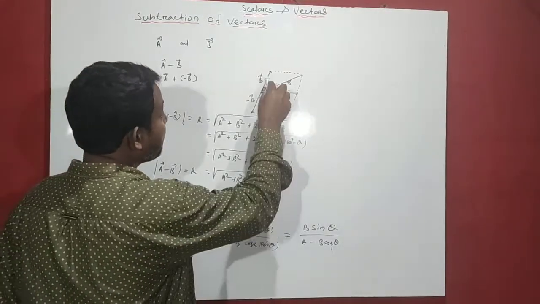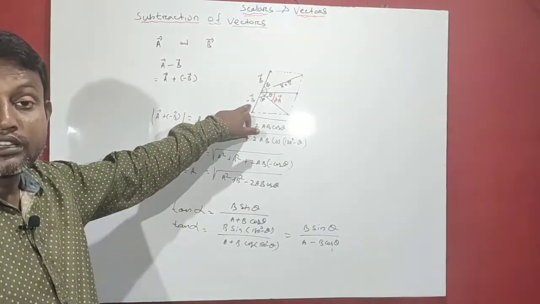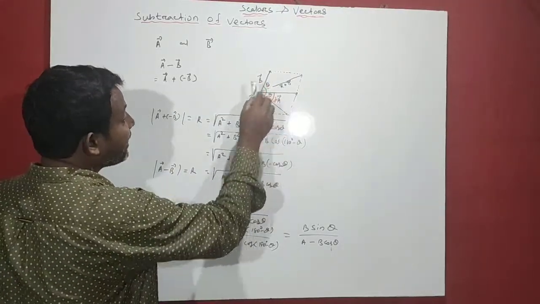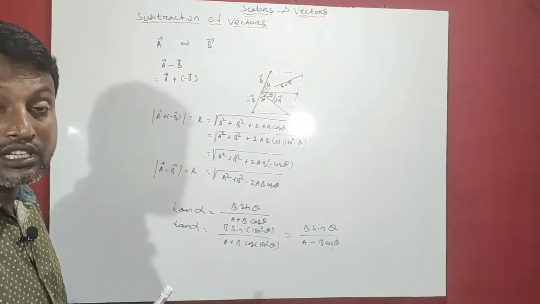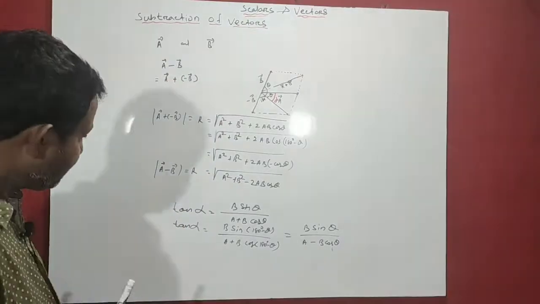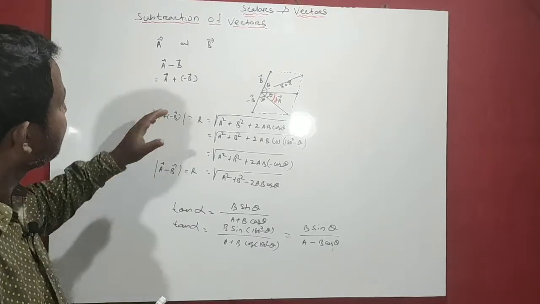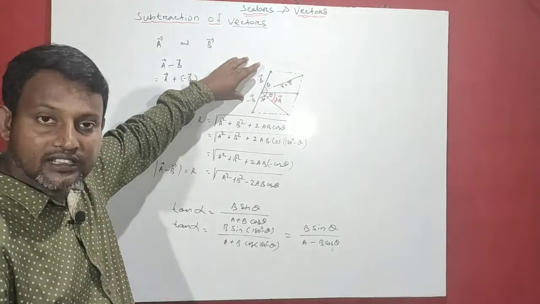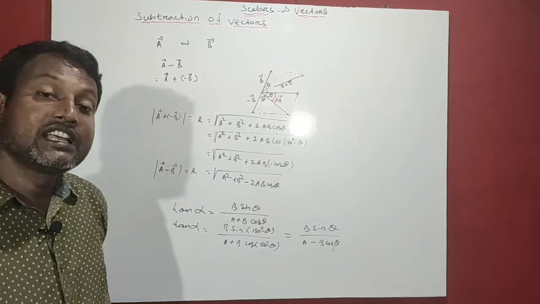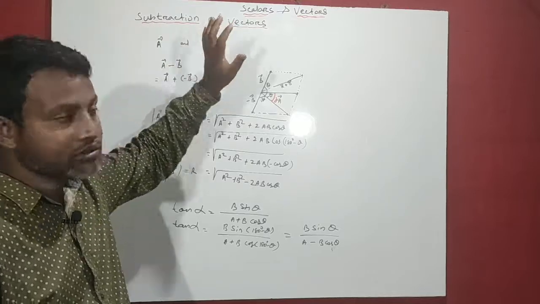Actually, in this formula, theta is the angle between A and B, not the angle between A and negative B. Here, when we club this geometrical representation of A minus B with A plus B, that is when we club vector subtraction and addition.